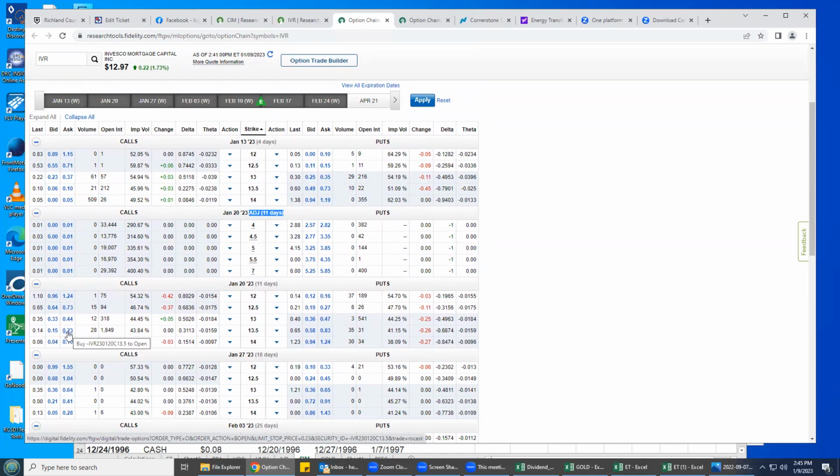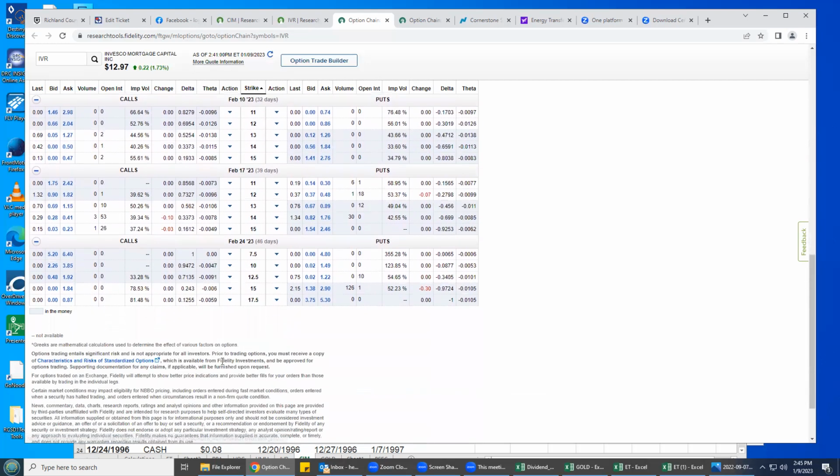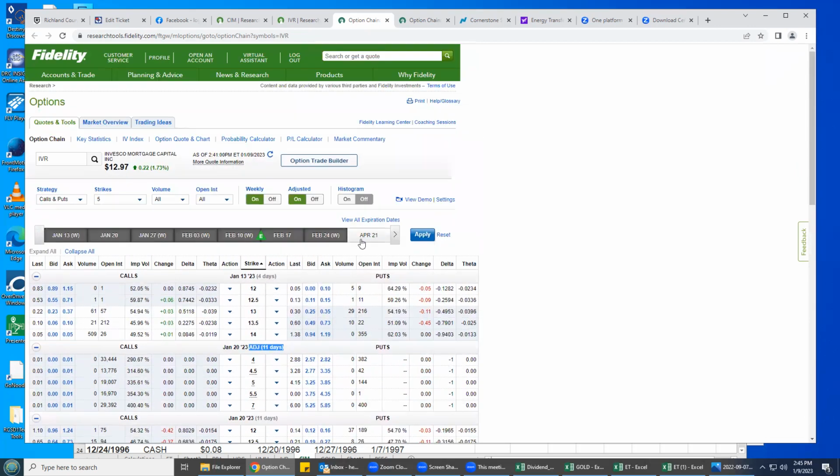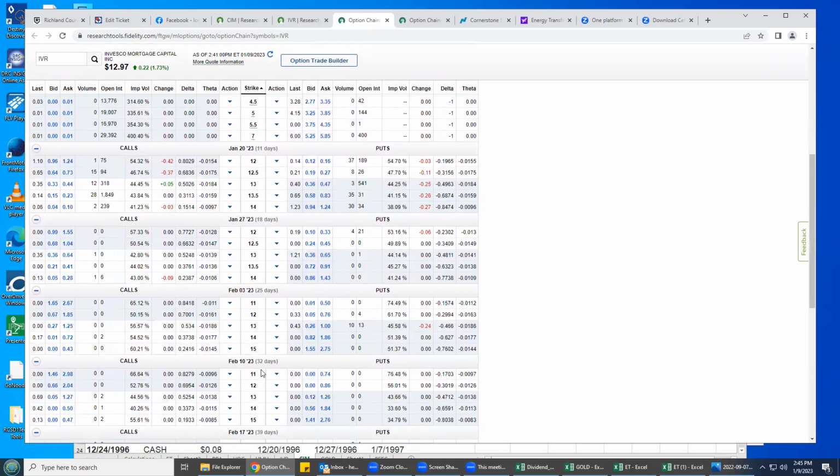So this one is really tempting because every week you're calculating, okay, I can get 13.50, I can get 20 cents here. Go out another week, I can get 25, 30, 40, see that big gap. So instead of saying I'm just gonna go all the way out to February or March, and they don't have March, but I'm gonna go all the way out to February.